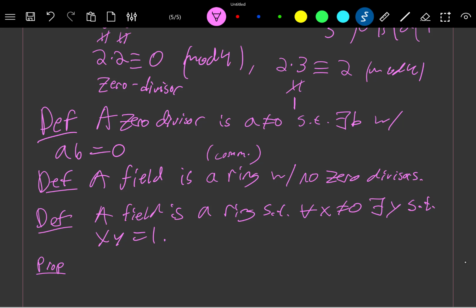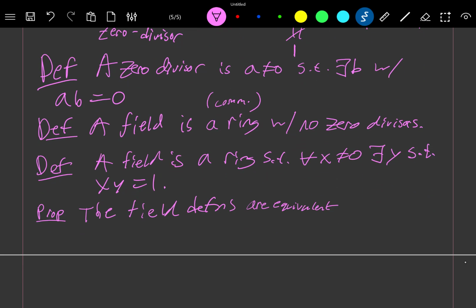And let's just do the proposition that the field definitions are equivalent. Are they? I think so. At least for the integers, they should be equivalent. Yeah, so maybe I shouldn't have this definition here.